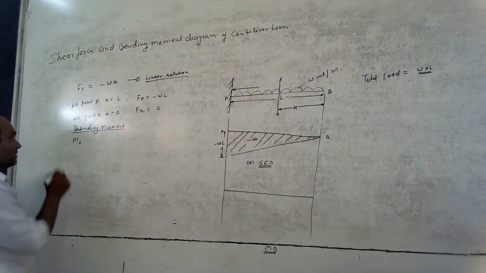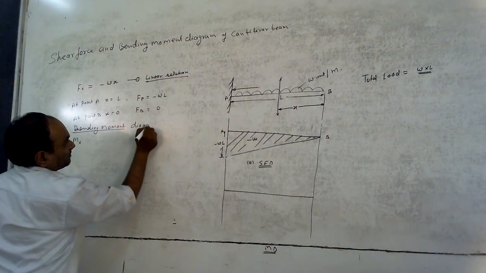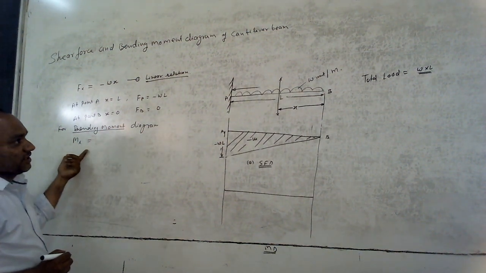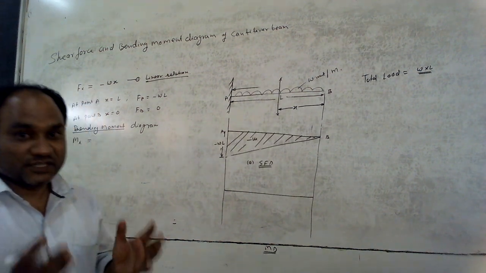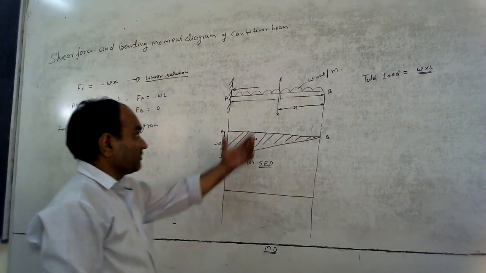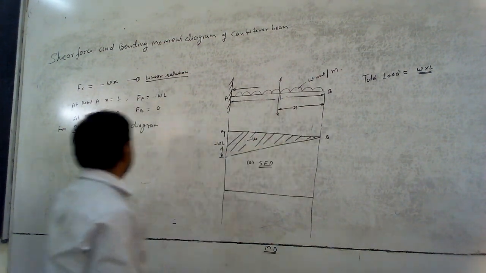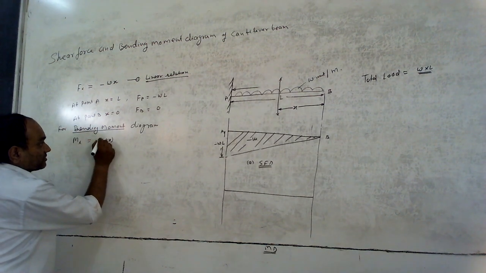Mx equal to means the bending moment at section x. What is the moment? Moment is the force into perpendicular distance. What will be the force? Force is W into x.